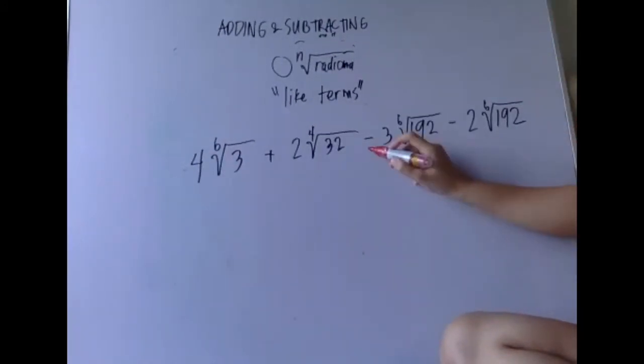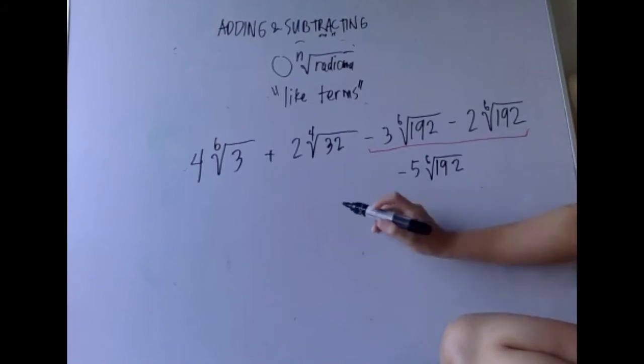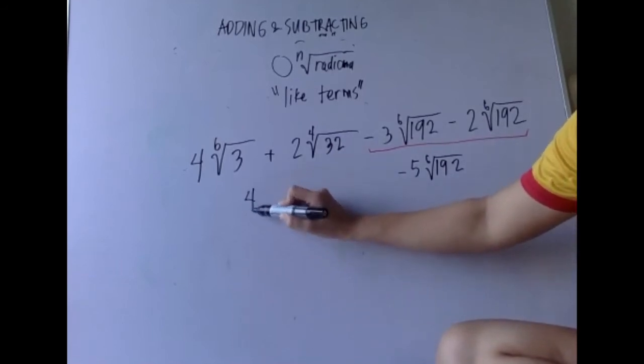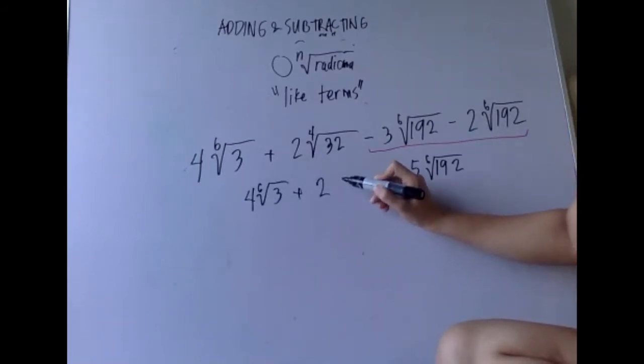So here, pwede nating pagsamahin muna to. We will have negative 5 6th root of 192. Okay? So, ito, meron tayong 4 6th root of 3 plus 2 4th root of 32.